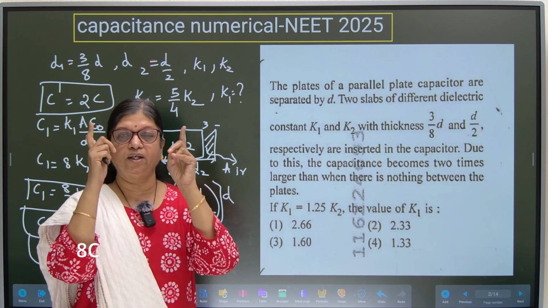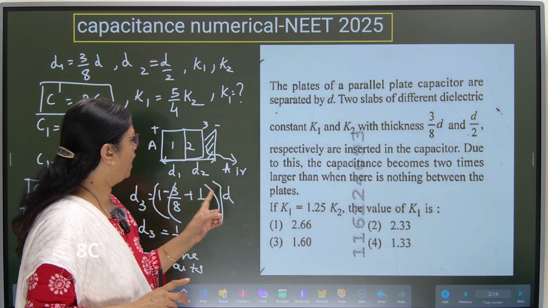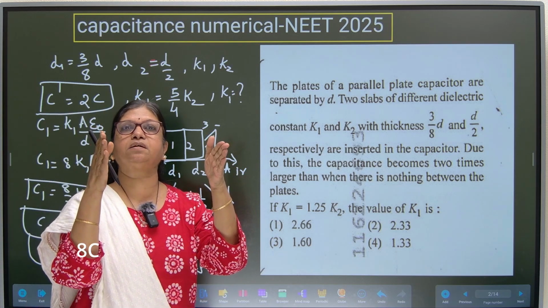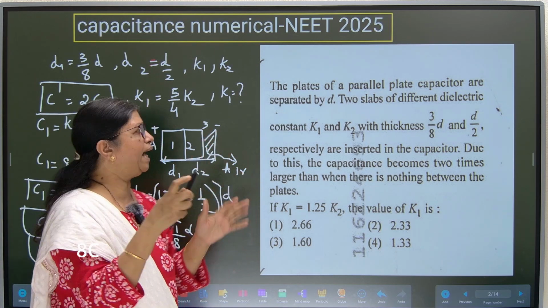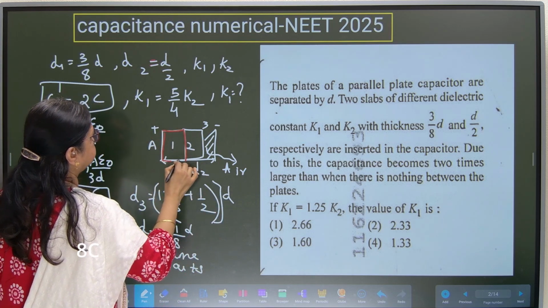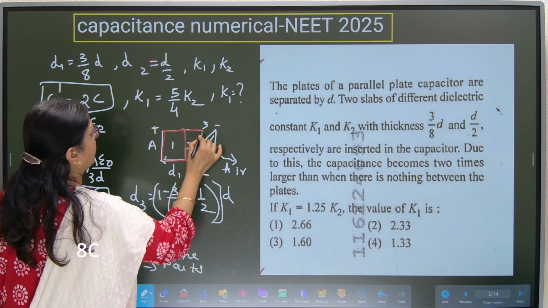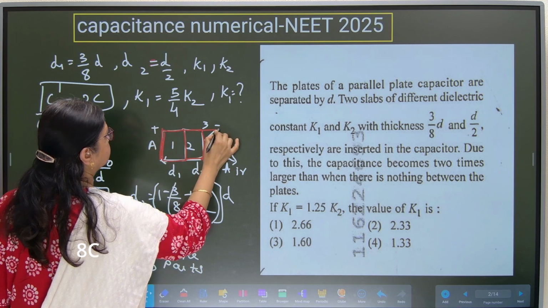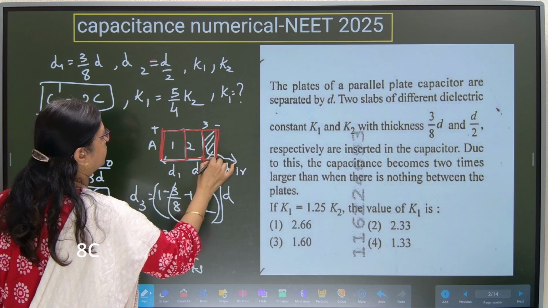Fine. That you have to remember looking at the diagram. That's why I said draw a rough diagram. I also have drawn a rough diagram for the capacitor portion, so that you can identify whether the slabs are in series or in parallel. So they are in series.